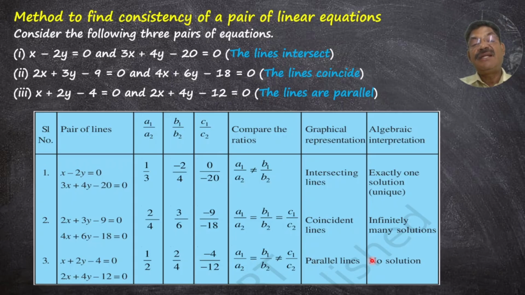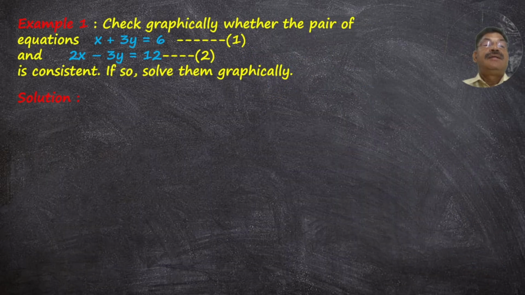Parallel lines means that they don't have a solution at all. So these things you have to remember. It is very simple to remember also. So here, intersecting lines, unique solution at the point of intersection; coincident lines, infinitely many solutions; parallel lines, no solution at all because there is no common point.